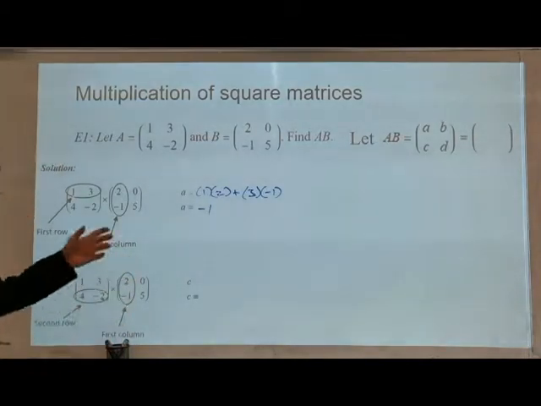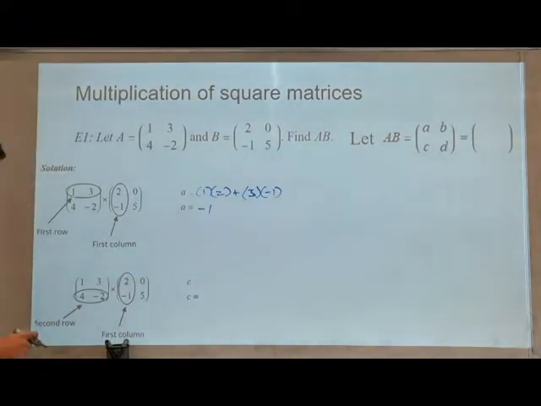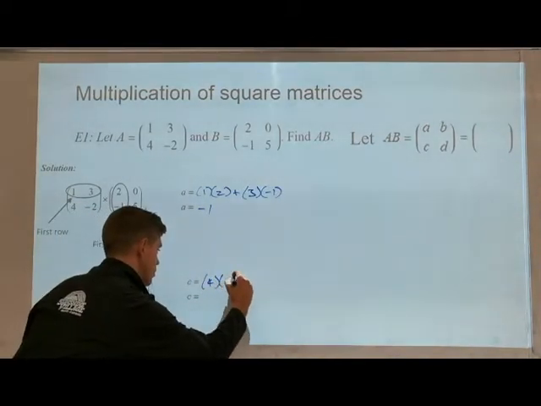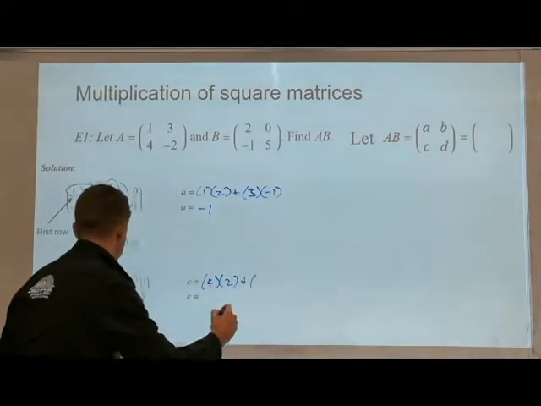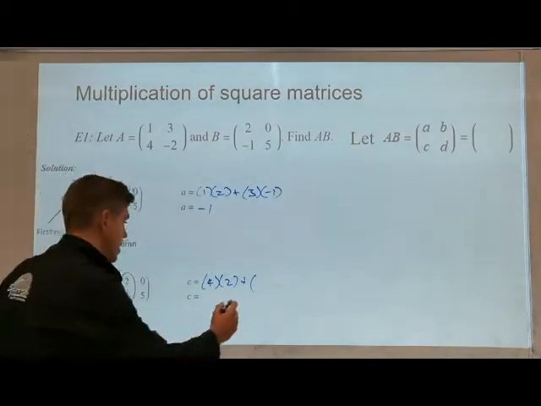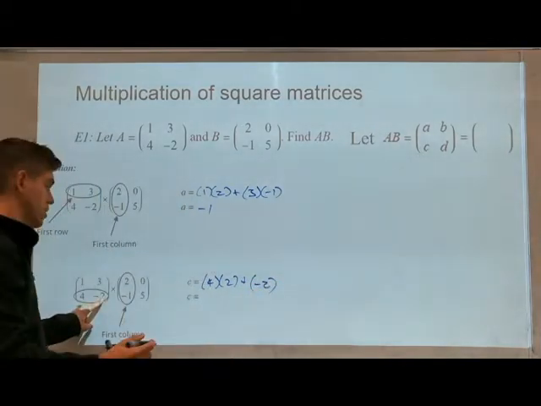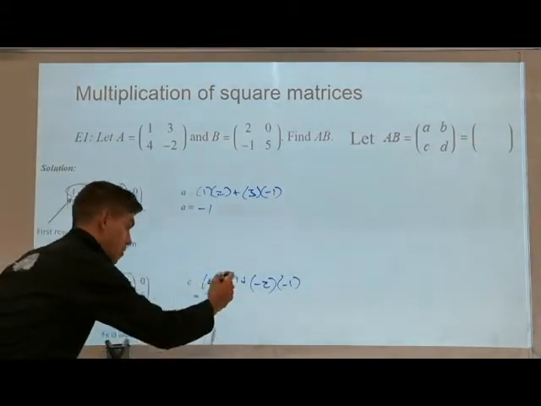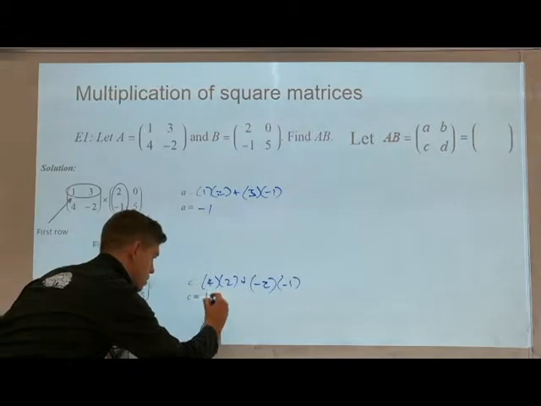Let's do C, why not? That's right here. 4 times 2 plus negative 2 times negative 1. 8 plus 2 is 10.